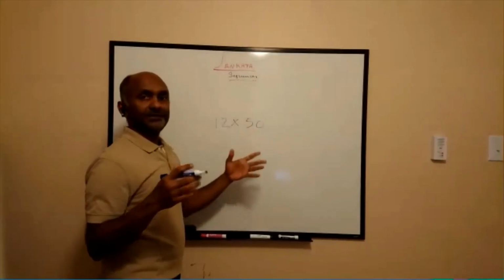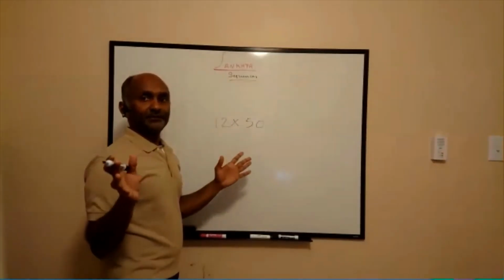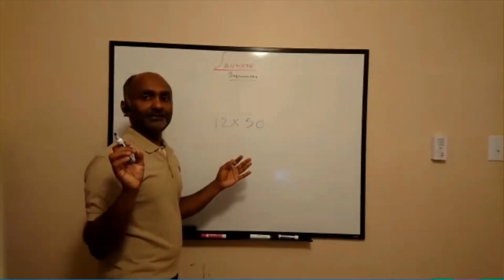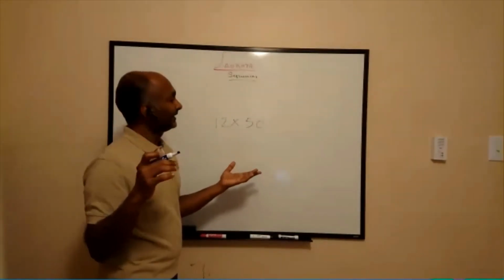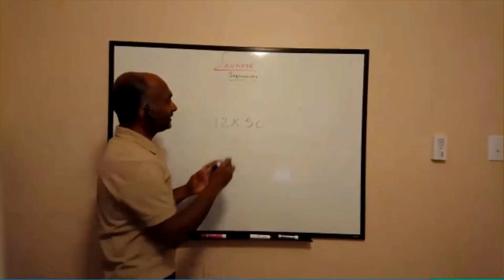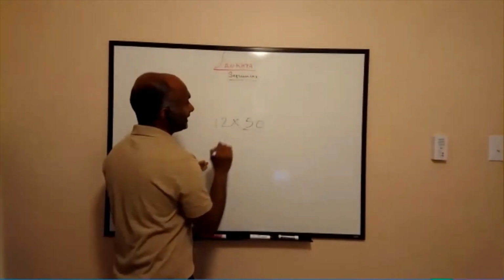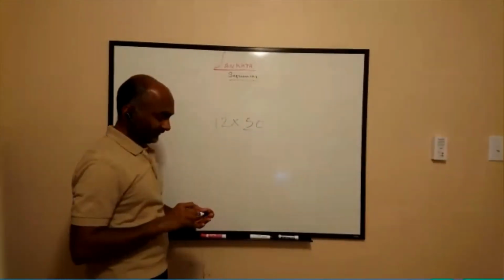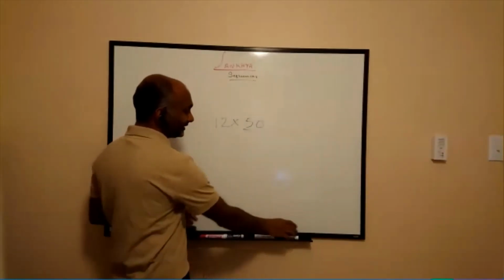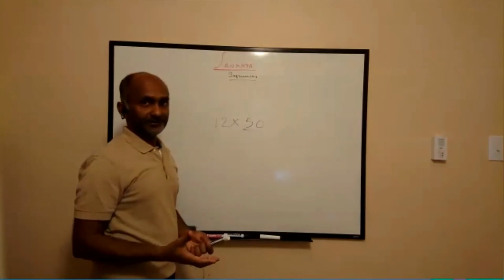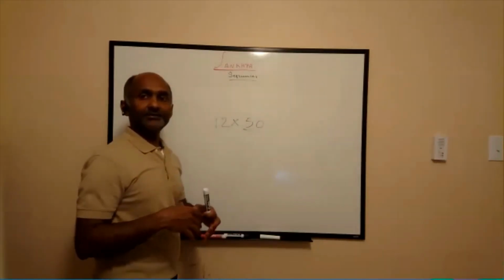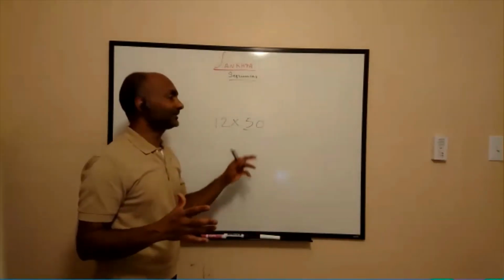This will work in most cases, but take a look at doing this in a different way. When you see a number like 50, think whether you can express that in terms of 100, or 10, or 1000, depending on what this number is.